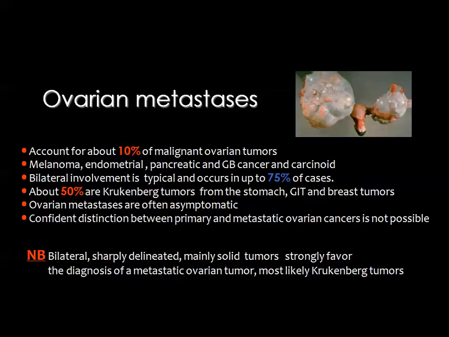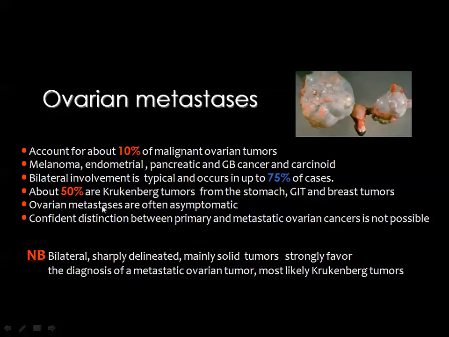Metastases to the ovaries account for 10% of the malignant ovarian tumors. They are usually of gastrointestinal origin, but melanoma, endometrial carcinoma, and pancreatic, gallbladder, and gastric carcinomas may produce this type of metastasis, and bilateral involvement is typical in about 3/4 of the cases.